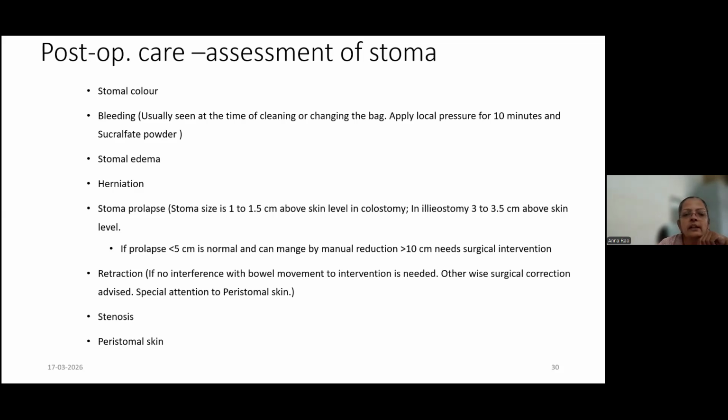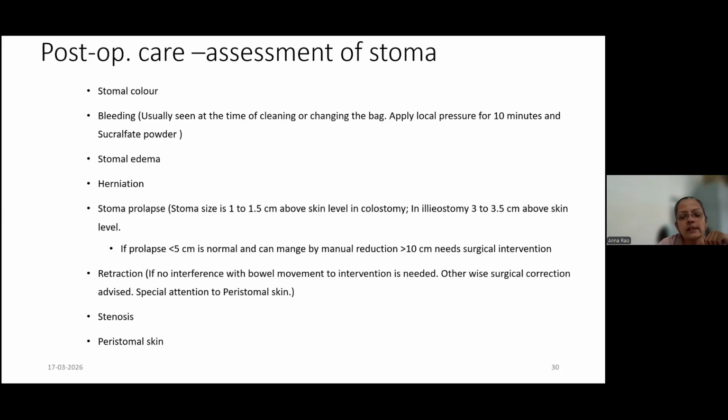Generally less than 5 centimeter will be managed with manual reduction, but if it goes beyond 10, then surgical intervention will be needed again. So one needs to be very observational. Regarding retraction, if there is no interference with the bowel movement, then no intervention is generally needed. Otherwise, surgical correction may be advised.